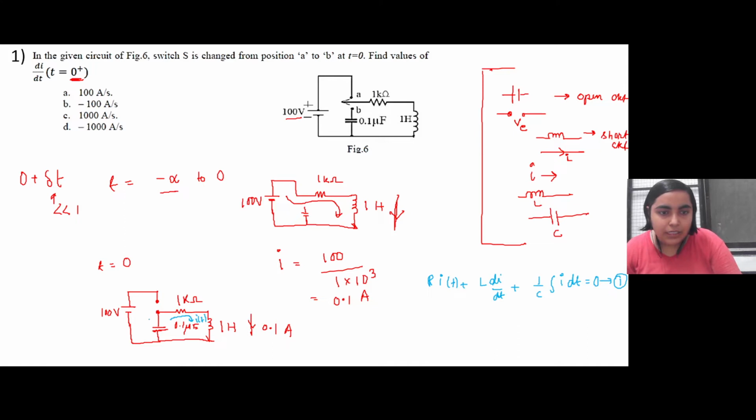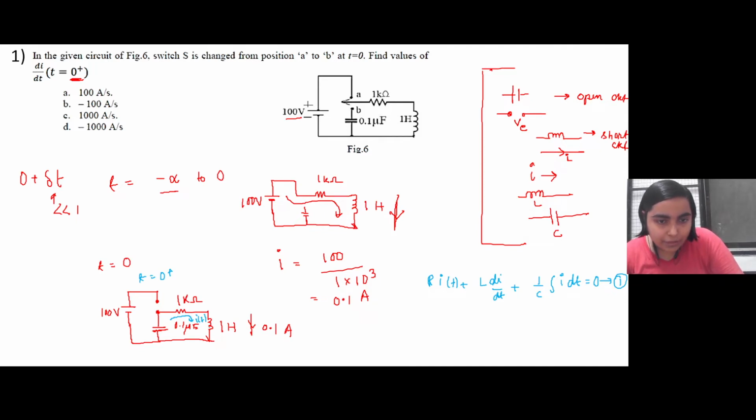Now at this particular time t equal to 0 plus, initially this capacitance was not connected to anything. It was just sitting idle. As soon as it got connected, this is just the instant when it got connected, so there will be actually no current flowing through this.